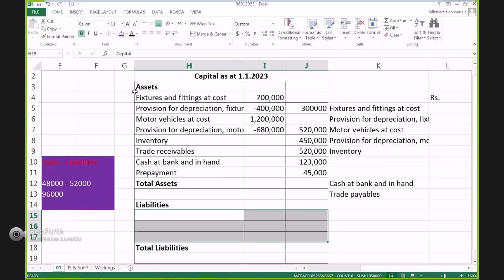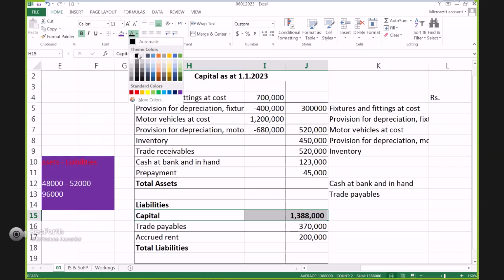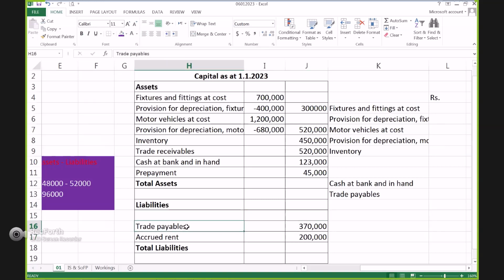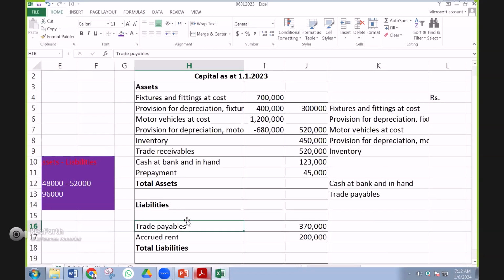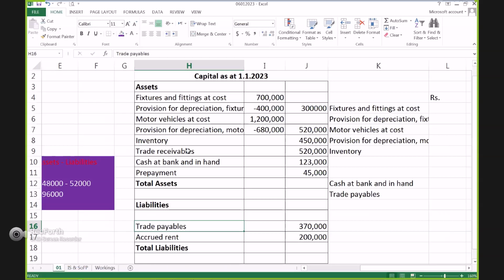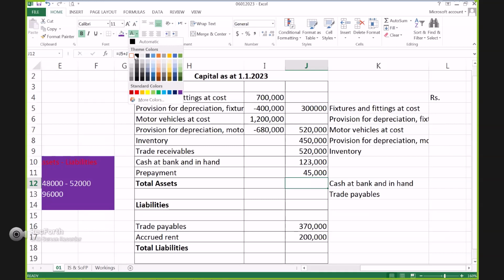So the liability side, rent payable, accrued rents. Prepayment is not given now. Prepayment is the asset, no? So you have to find out the total assets from this information, because the total assets 1.958 million.